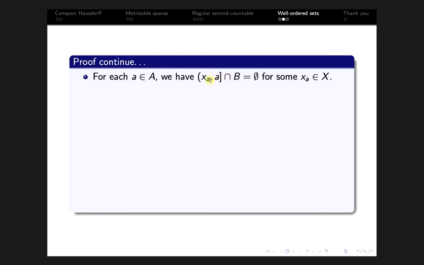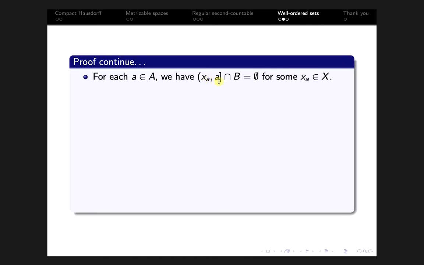Because if little a belongs to the closed set A, then a belongs to B complement, and B complement is open. So by the definition of open set, there is some basic open set (xa, a] such that it is contained in B complement.